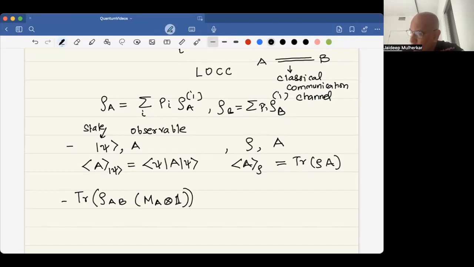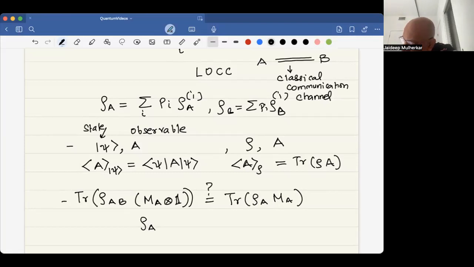So the question is, does there exist a state of system A that gives the same measurement statistics as this? So only measuring subsystem A when you have a joint system, is there a density matrix of subsystem A that gives you the same measurement statistics? And if such a thing exists, I will call it the state.